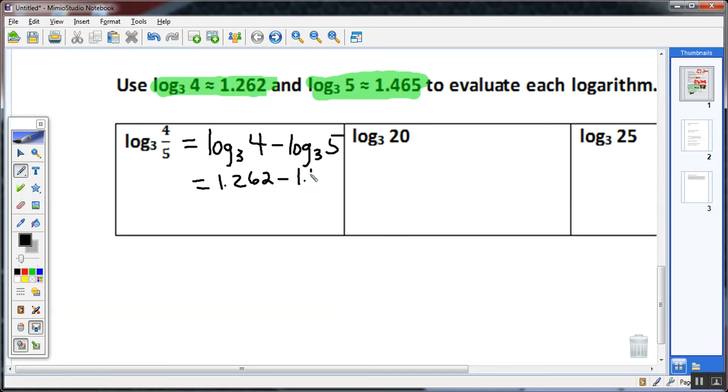So you're just simply going to go 1.262 minus 1.465 there. Somebody run that for me quickly and see what you have. Negative point 2. Is it negative 0.203? Yeah.